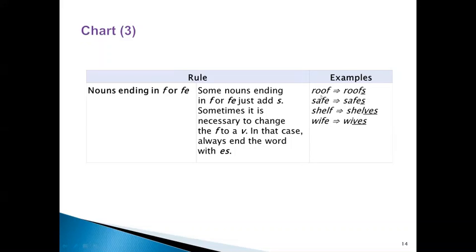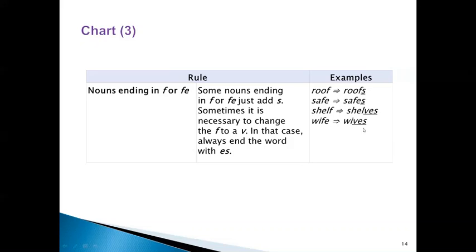So let's see. For example, roof will be roofs. Safe, safes. Shelf, here it ends in what? F. In this case, shelves. So we change the letter f into v, and then we add es. Shelf, shelves.